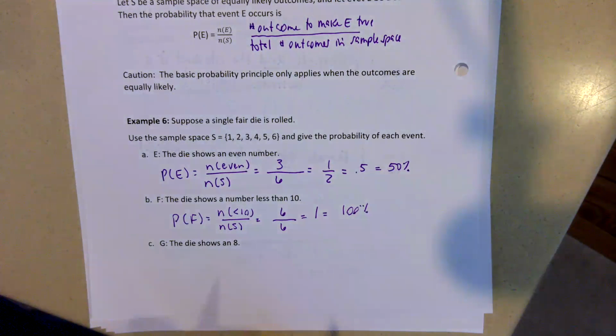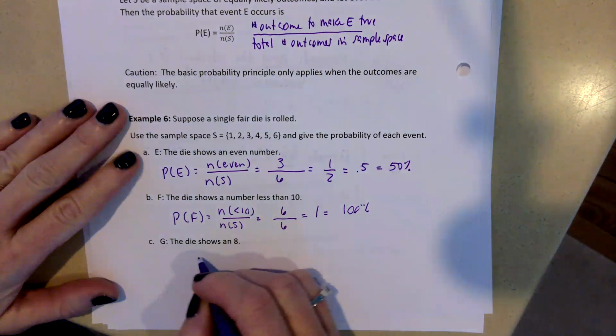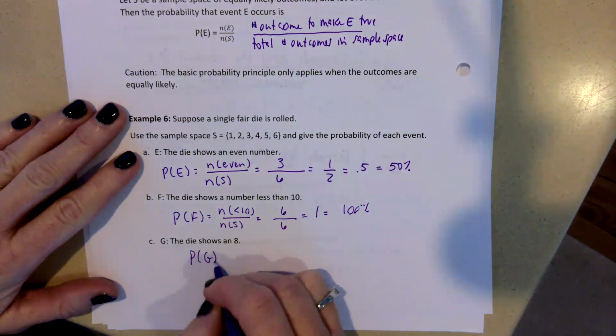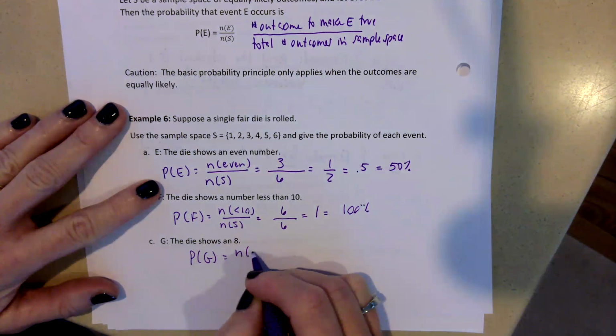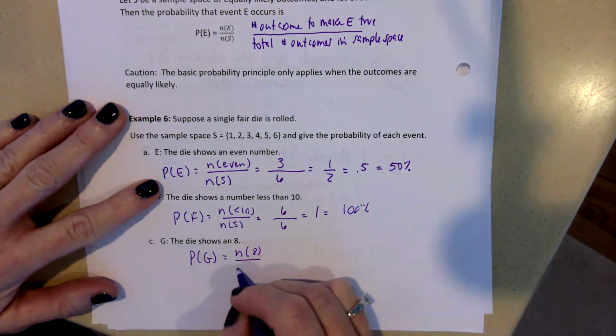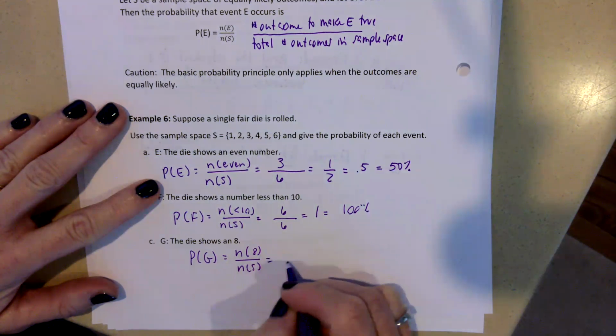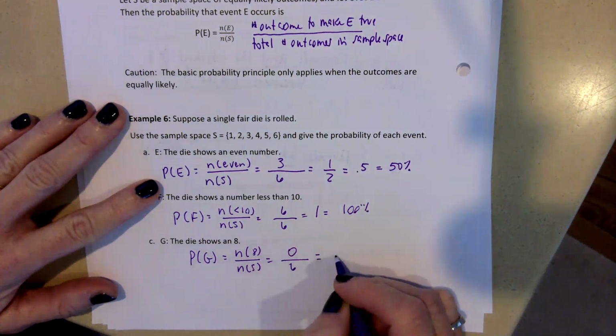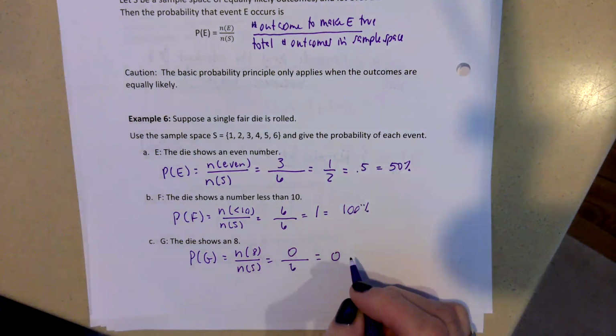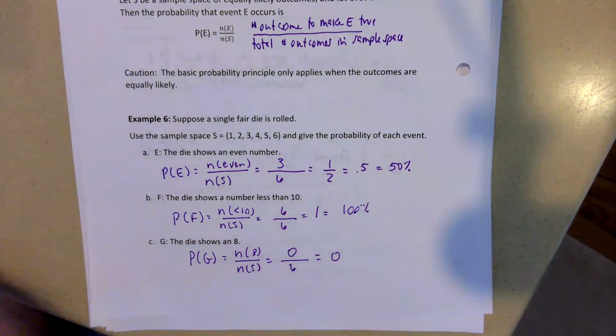And then G is the die shows an 8. So the probability of G is the number of 8s out of the number in the sample space, which is 6, but there are no 8s, so that's 0. So the probability is 0.